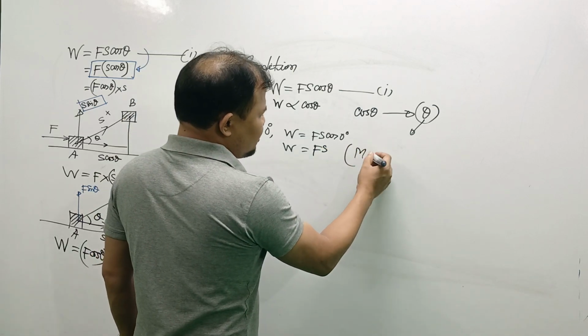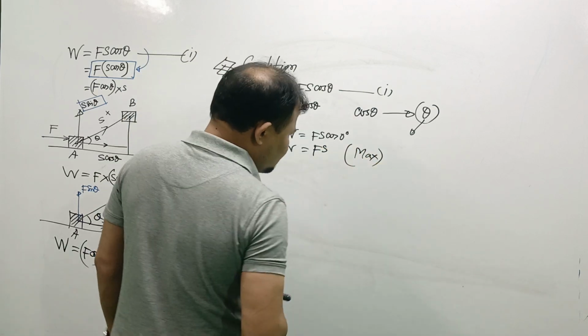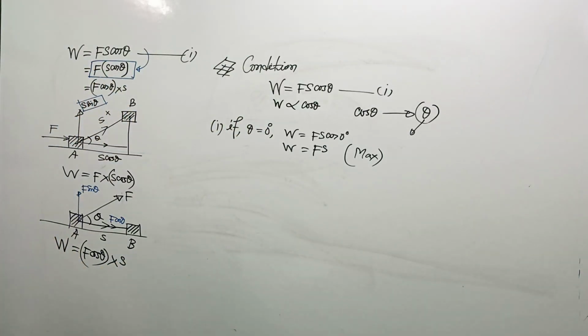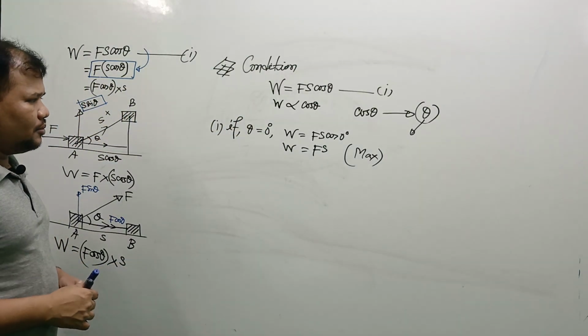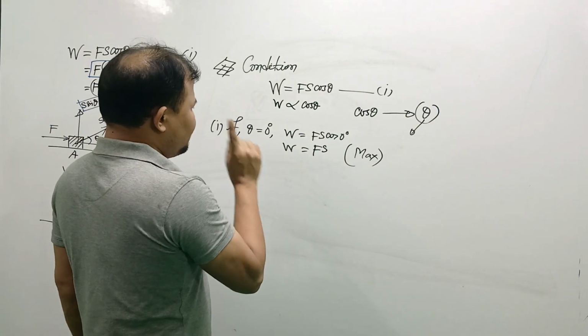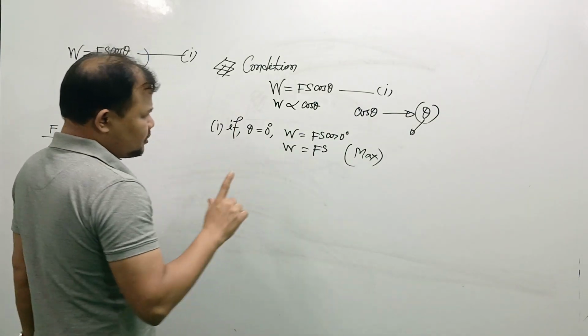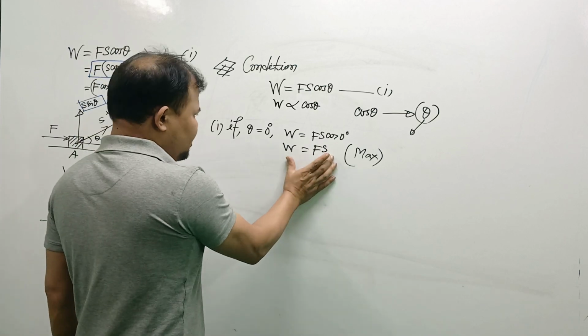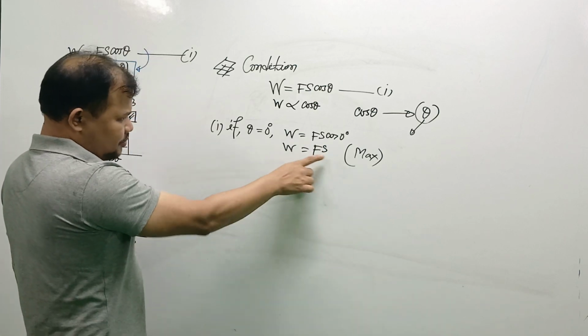This notation gives us the special message: this is the maximum work done. When the value of theta is 0 degrees, the work done will be maximum. The equation to find the maximum work done is Fs.